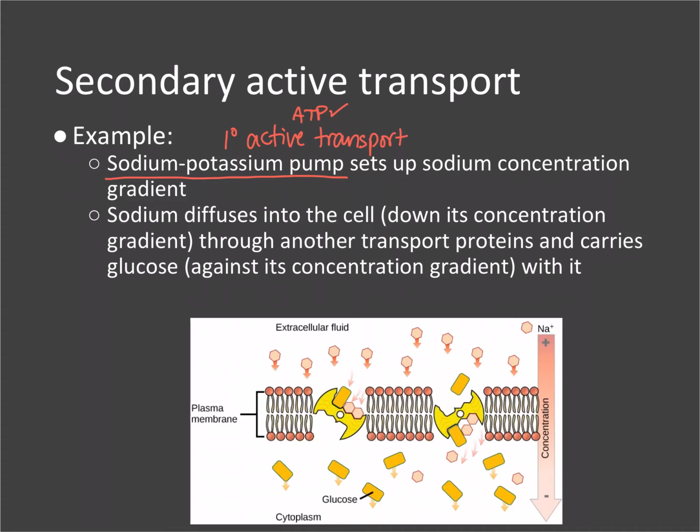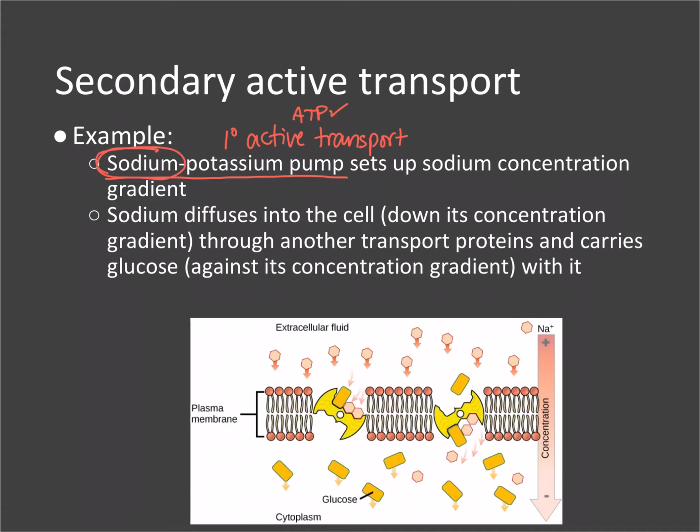Now for secondary active transport, the sodium that now has a concentration gradient due to the primary active transport is going to diffuse down its concentration gradient, but it's going to carry our glucose with it. And so sodium is going down its concentration gradient. Glucose is going up its concentration gradient.